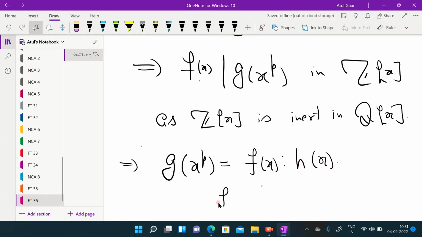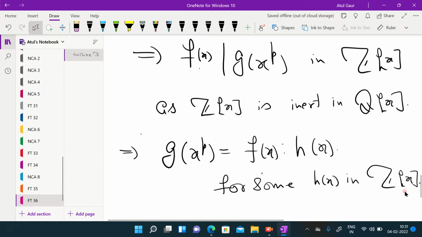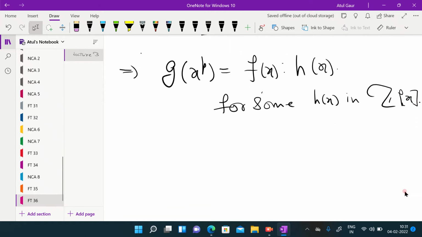This is for some h(x) in Z[x]. All right. What you do? So you have this equation. Reduce this equation modulo p, right? So reduce the coefficients modulo p. That means you will get the equation over Z_p.